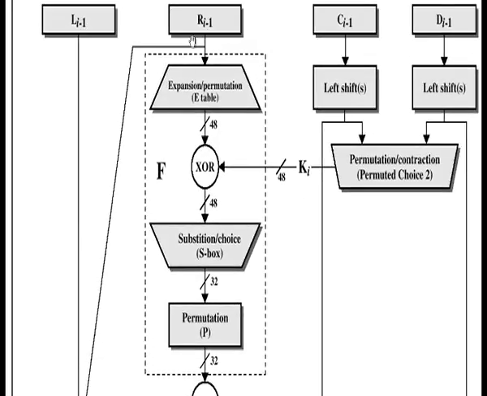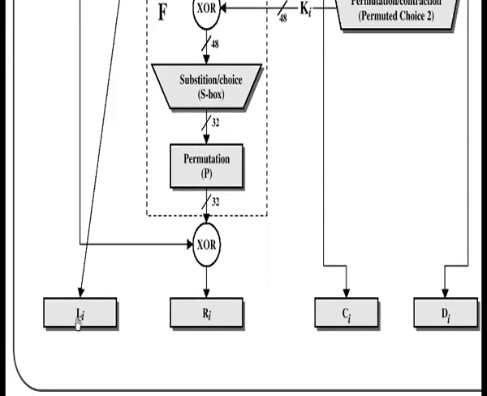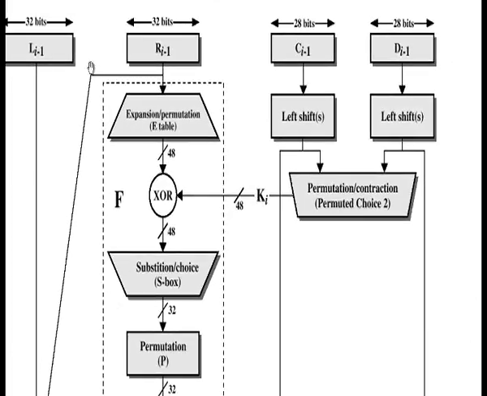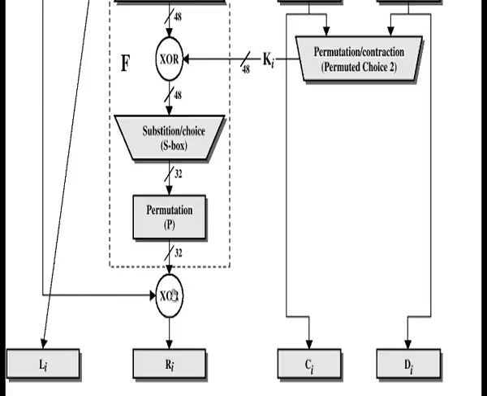In each and every round, the right half does not undergo any encryption process; it is simply swapped to the left half. Whereas the left half, L i minus 1, is added into the result to generate the new right half.